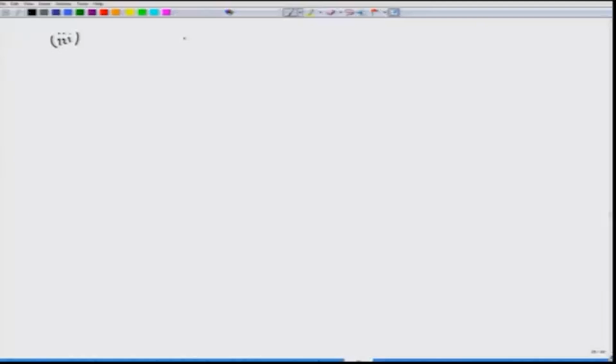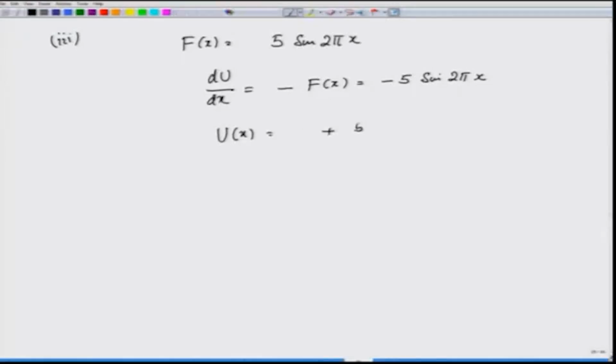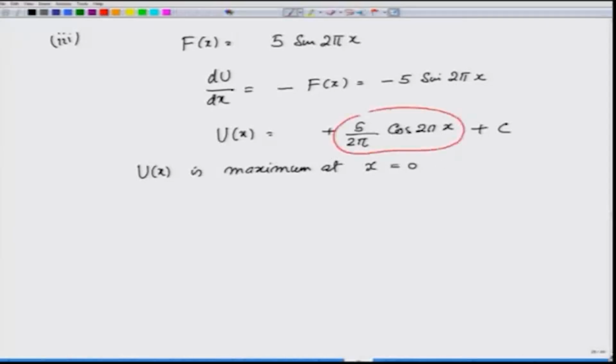I take is Fx equals 5 sine 2 pi x, and again with du dx equals minus Fx, this becomes minus 5 sine of 2 pi x, and therefore, ux is going to be plus 5 over 2 pi cosine of 2 pi x plus some constant c, and let us say that ux is maximum at x equals 0, and the maximum value that this function can have is 5 over 2 pi.